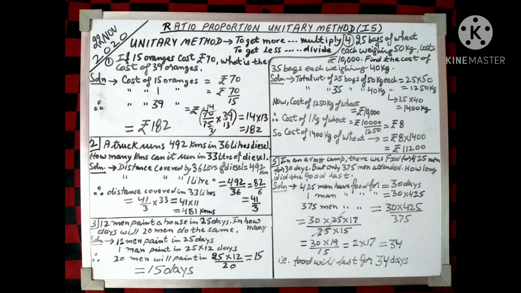So one man will have food for 30 into 425 days, and 375 men will have food for 30 into 425 divided by 375, which on simplification will give us 34. Therefore, the food will last for 34 days.